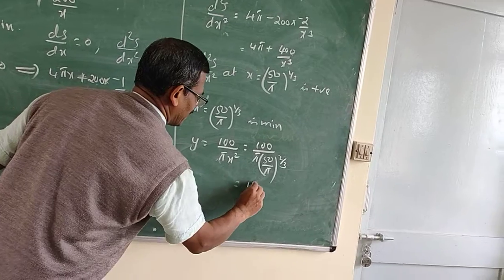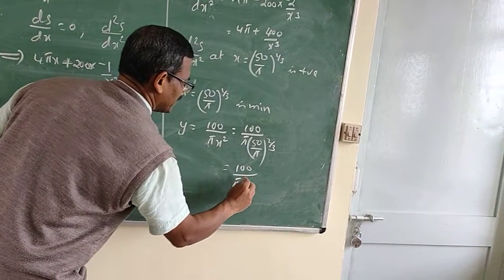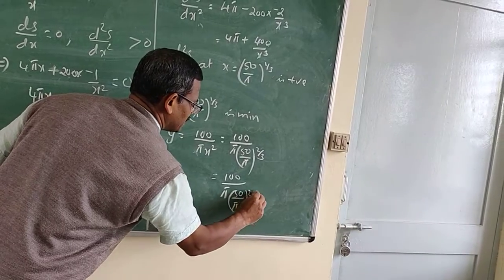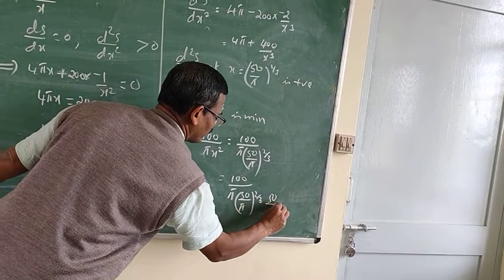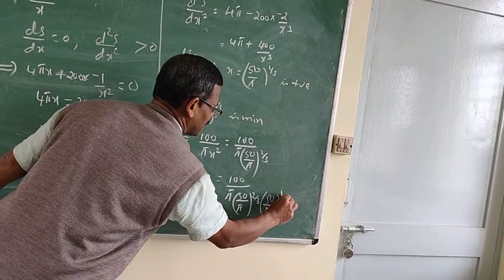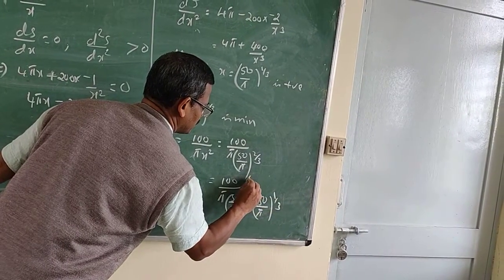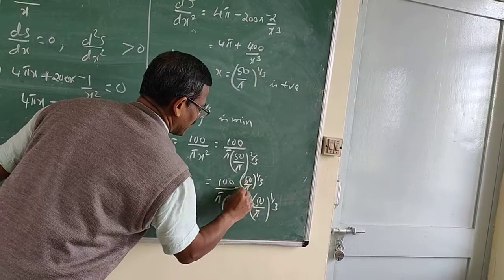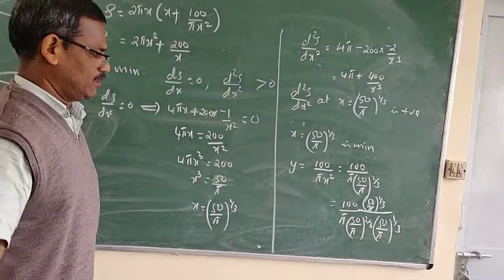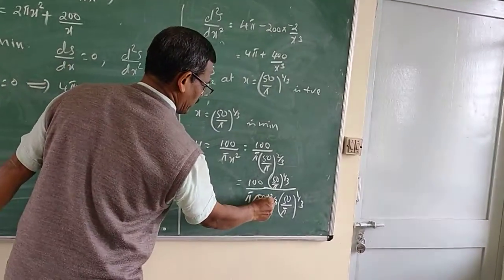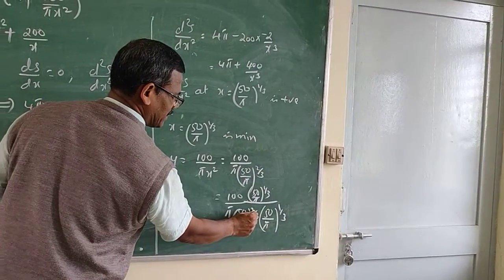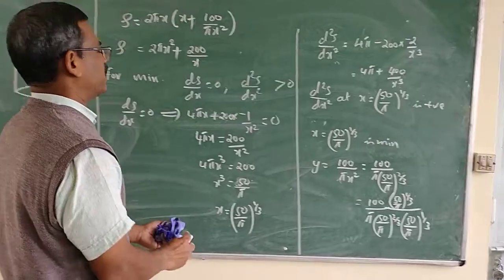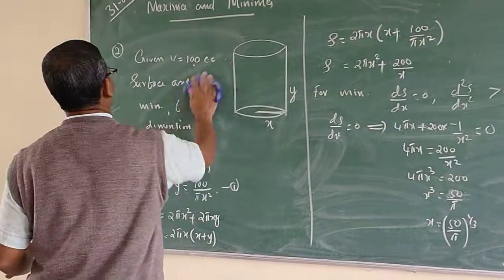So it is 100 divided by pi into 50 by pi raised to 2 by 3. I multiply by 50 by pi raised to 1 by 3 in the numerator and denominator. It is a rationalizing process. So what do you get there?